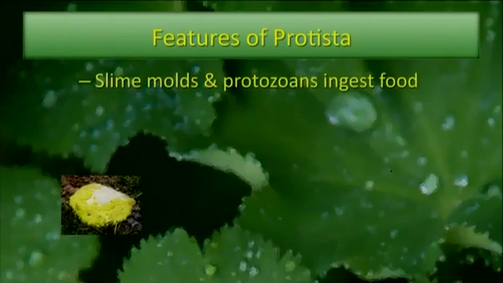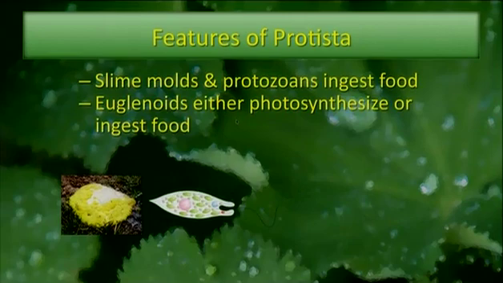Whereas the slime molds and protozoans ingest their food. Here's a slime mold. So these are animal-like protists, while the algae are plant-like protists. Now the euglenoids either photosynthesize or they ingest food.